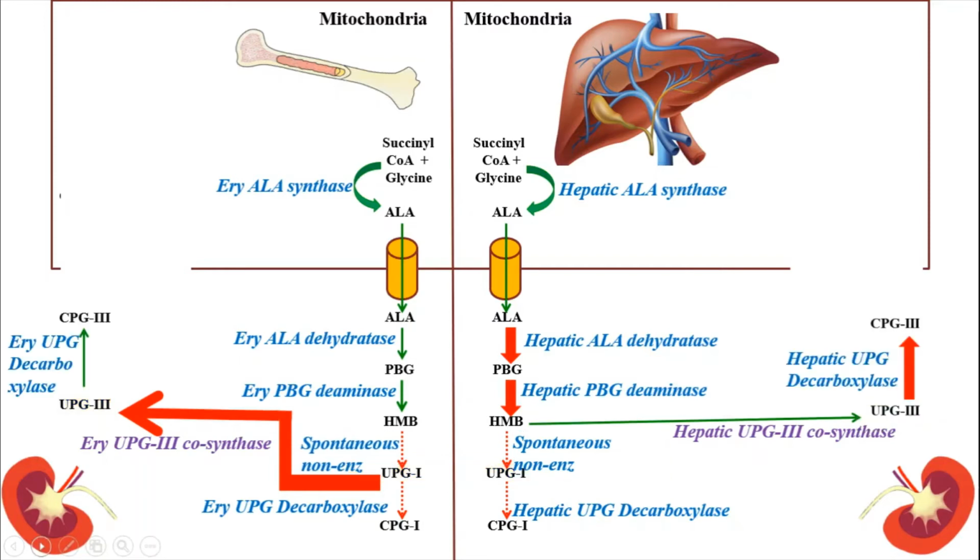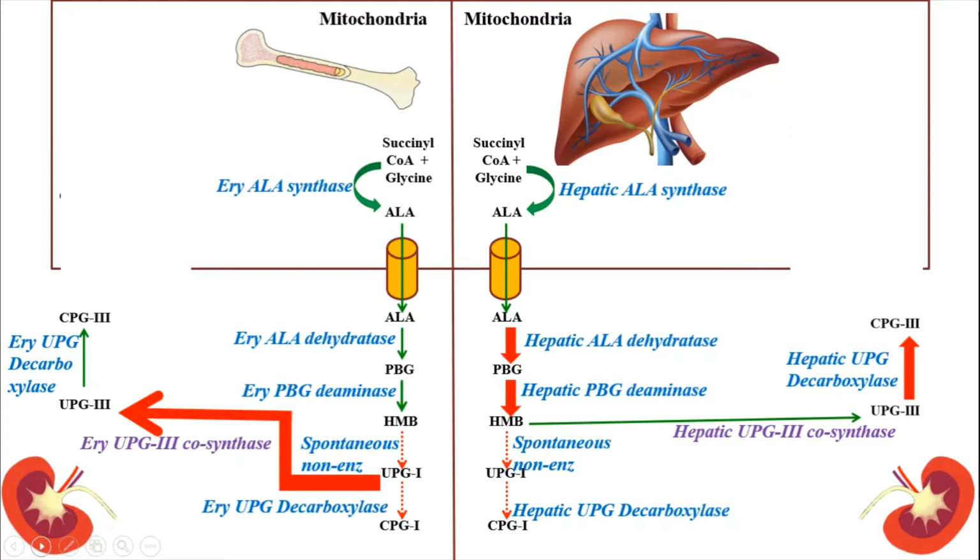In the next step, the UPG3 with the help of UPG3 decarboxylase converts into CpG3 or coproporphyrinogen 3 in both the organs. Here the documented disease is known as porphyria cutanea tarda, in which the hepatic UPG3 decarboxylase enzyme is either deficient or defective, resulting in accumulation of UPG3 in hepatocyte.